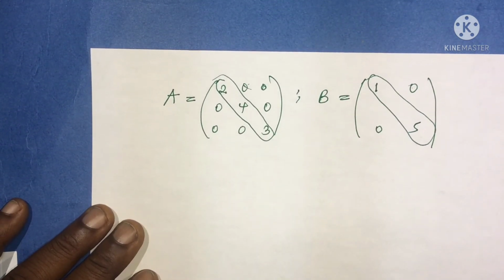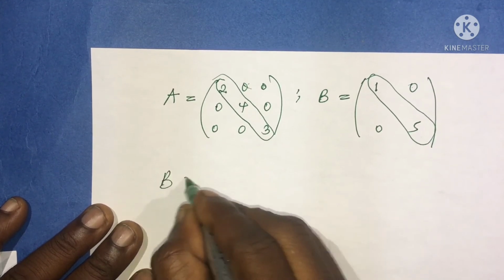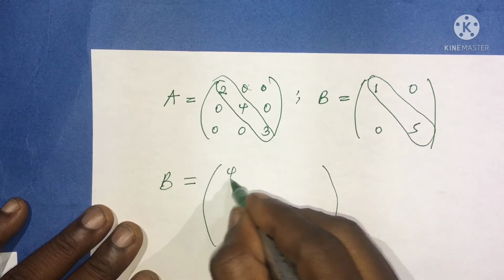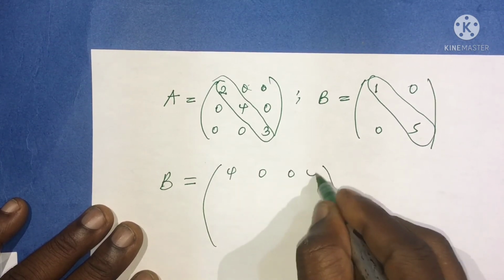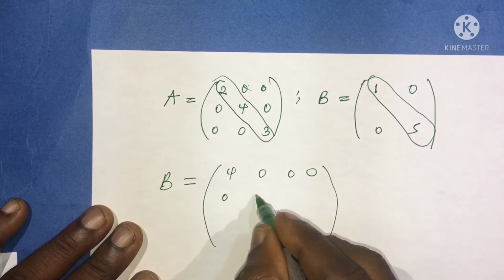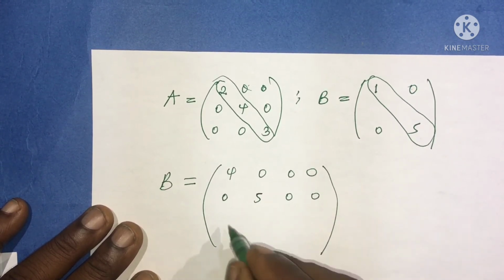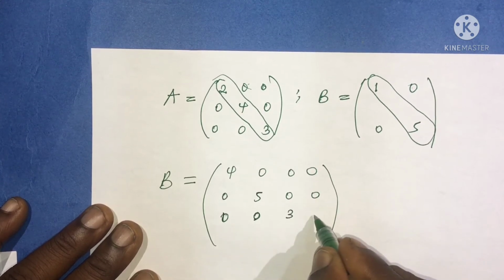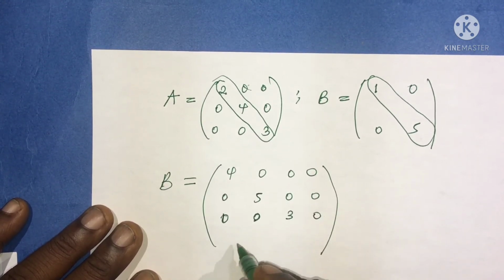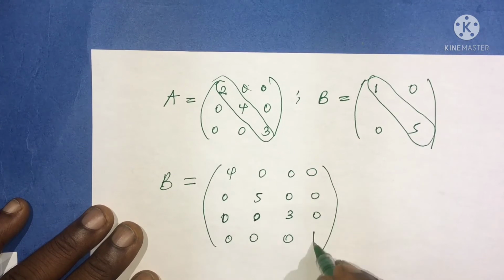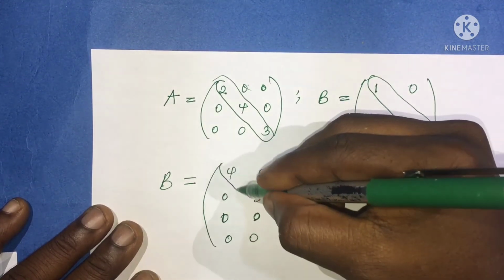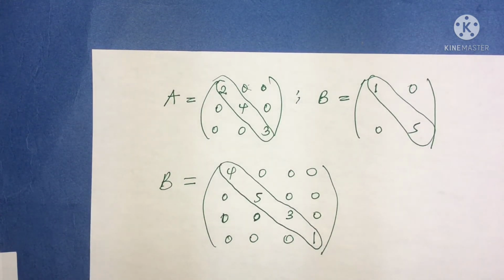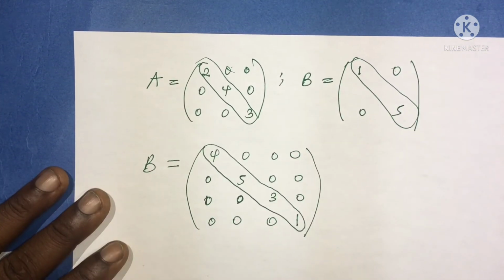Okay? Now, if we take one more example, you will notice 4, 0, 0, 0, 0, 5, 0, 0, 1, 2, 0, 0, 3, 0, and 0, 0, 0, 1. This is also a diagonal matrix. Now, what three things would you notice about these matrices?